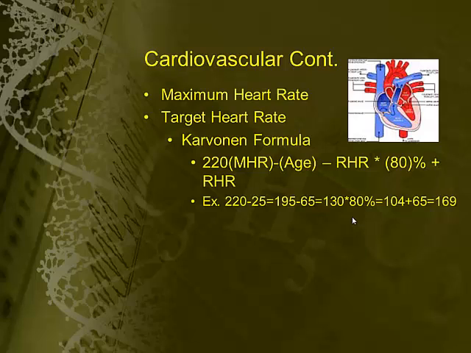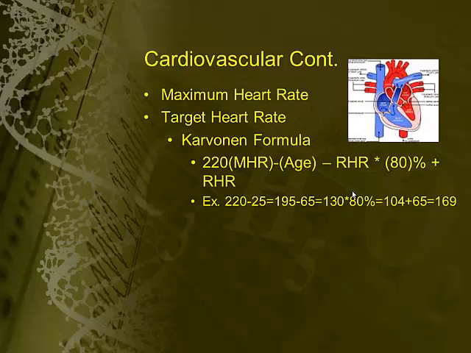Let me do this at 65% really quick. 220 minus 25 minus 65, times 0.65, and then we add the 65 back in. Even though it's not shown here, it'd be about 149. So at 65% it would be 149, and at 80% it's 169. Anything below 65%, we're not stressing the heart enough.